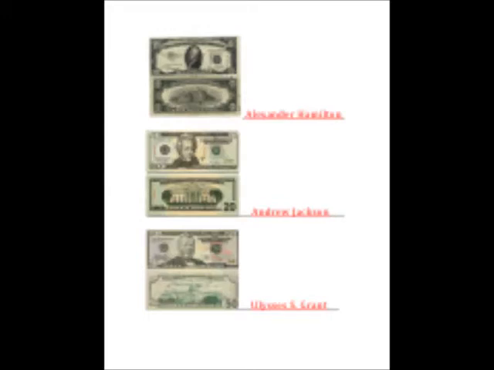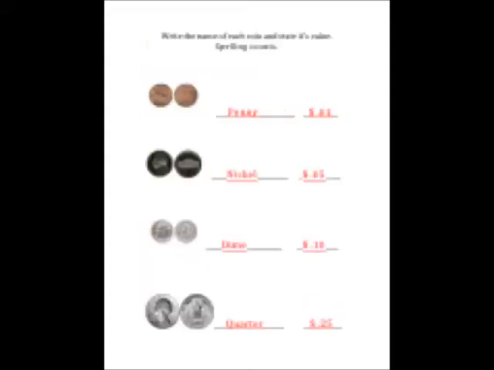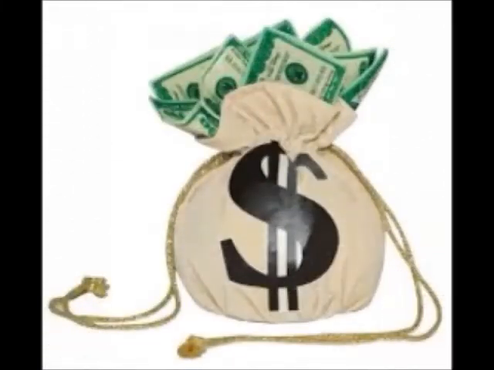There are 3 bonus questions. 1 is what building is on the back of the penny. 2, what building is on the back of the nickel. 3, which 2 of the men listed above were not presidents. Each question is worth 10 points. As I said before, spelling counts for half of each question, and bonus questions are worth 5 points each.